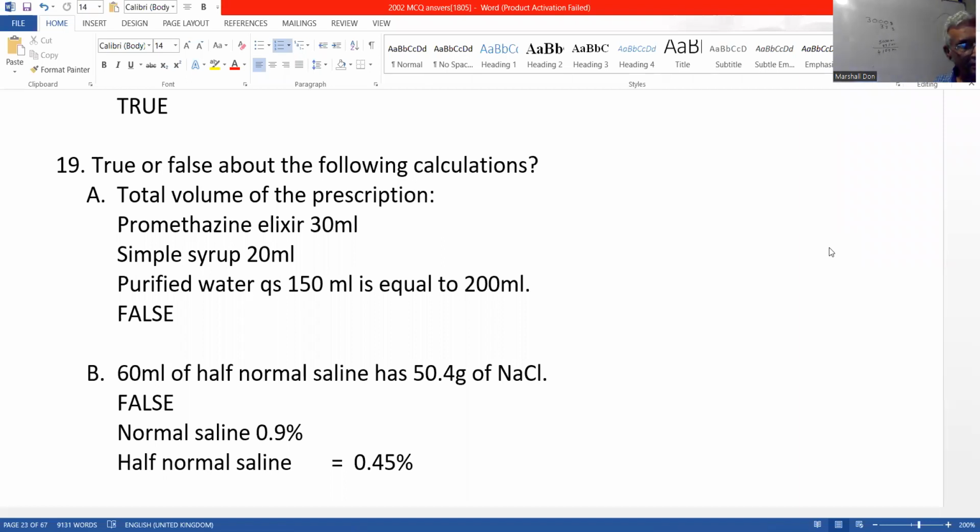Question number 19 of the 2002 paper is a true or false question. A. Total volume of prescription.